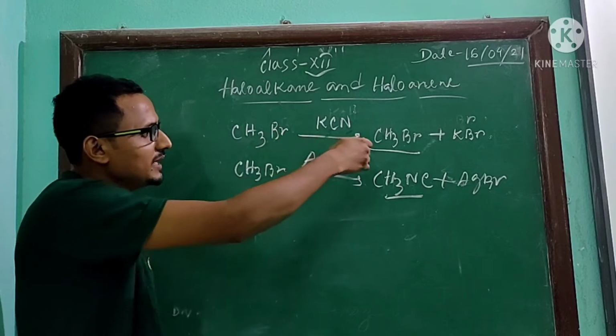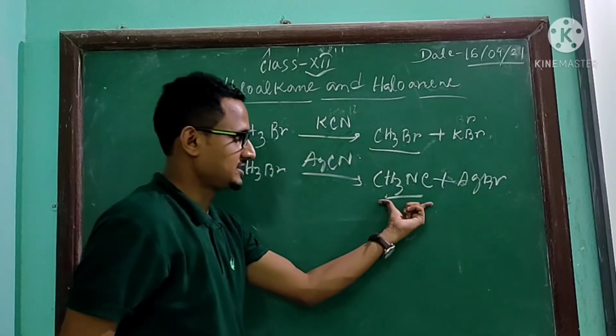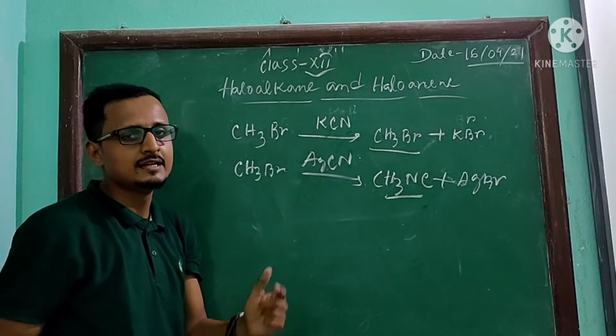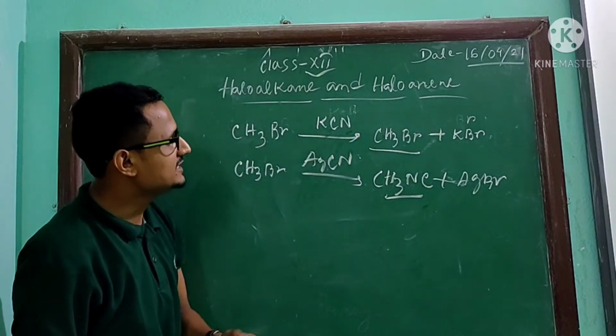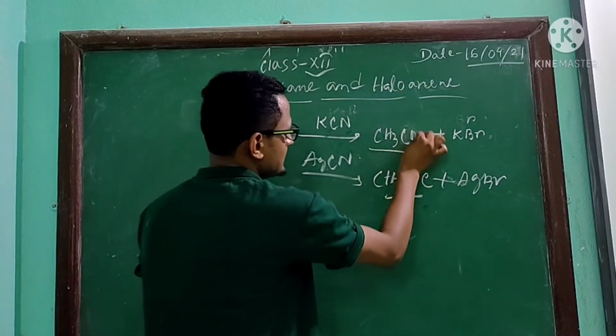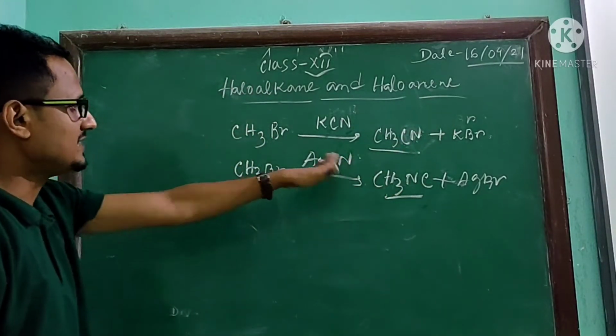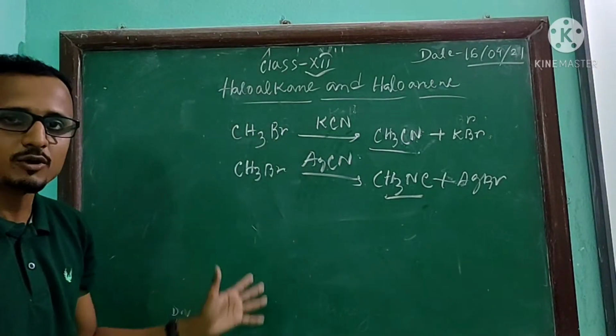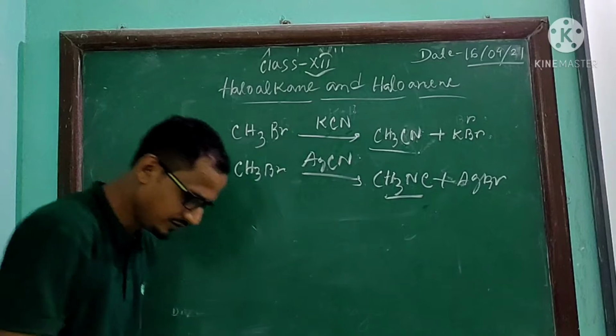The bonding is through the nitrogen, so you get isocyanide, and there you get only cyanide. Usually in ISC this question comes: why does KCN give methyl cyanide but AgCN gives isocyanide? These two reactions are very important, so learn this one.